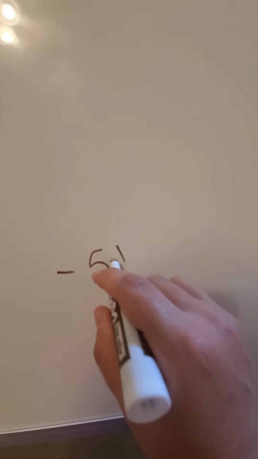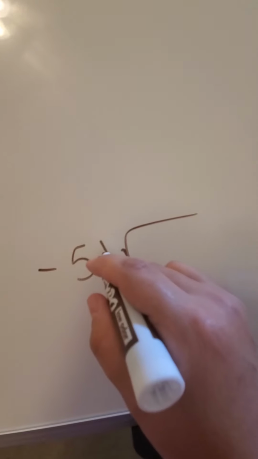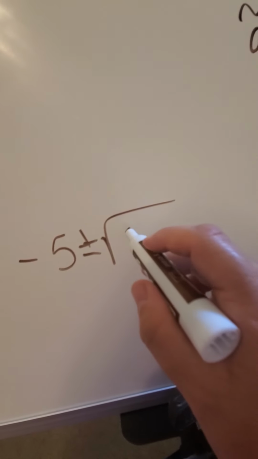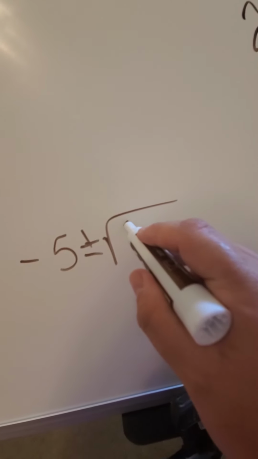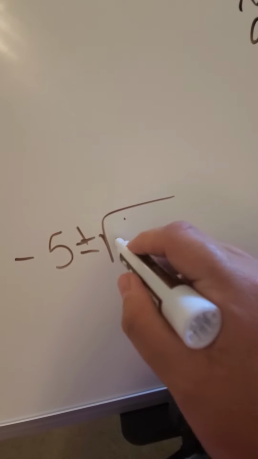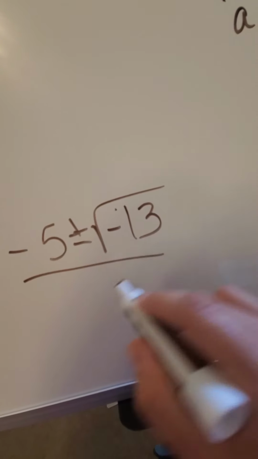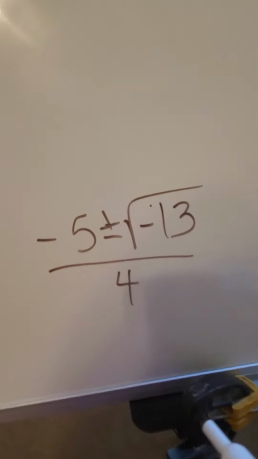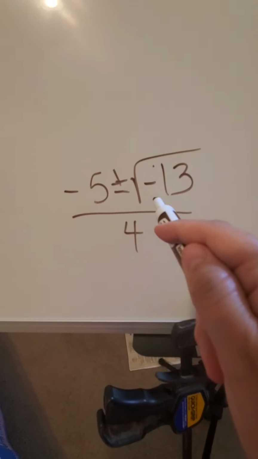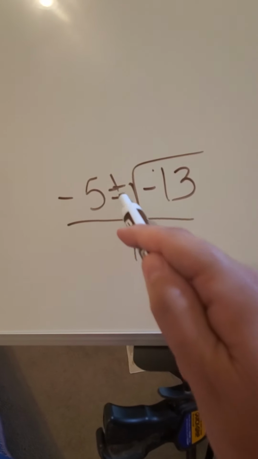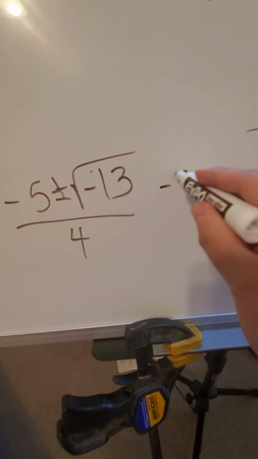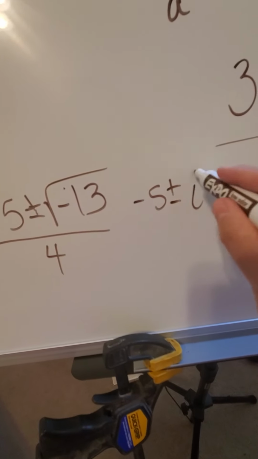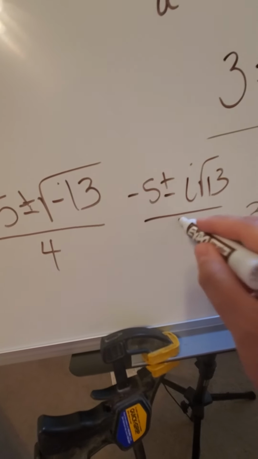But you could get down to where, let's say it's negative 5 plus or minus the square root of negative 13 over 4. Okay? In this case, I got to remember to pull out the i, right? Okay, so that'd be negative 5 plus or minus i square root of 13 over 4.